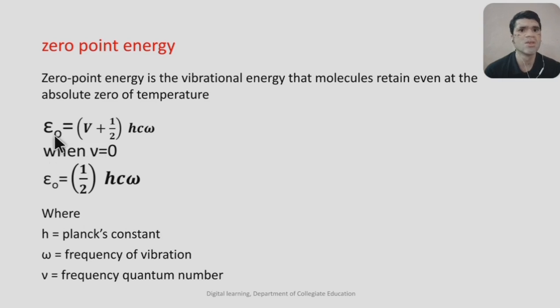The energy is given by (V + 1/2) hcω. When we put V equal to 0, it is 1/2 hcω, and this is called the zero point energy. Even at absolute zero temperature, the molecule retains some minimum energy, and that is called the zero point energy of the molecule.